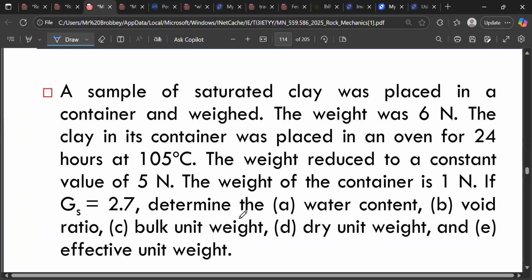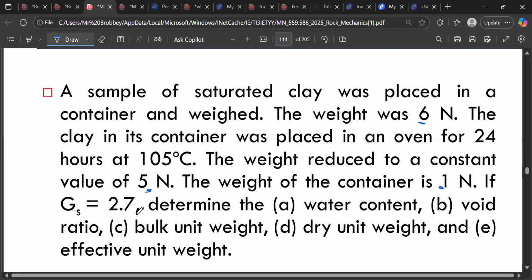The weight was 6 newtons, right? And the clay in its container was placed in an oven for 24 hours at 105 degrees Celsius. The weight reduced to a constant value of 5, right? The weight of the container is also 1.